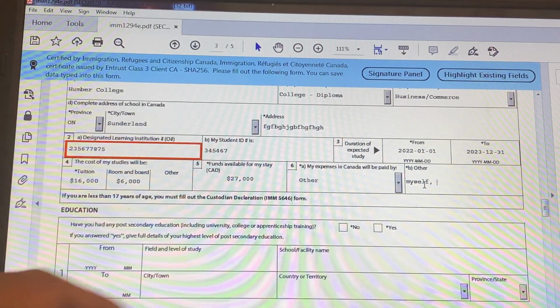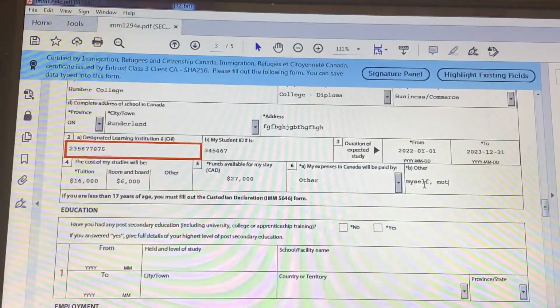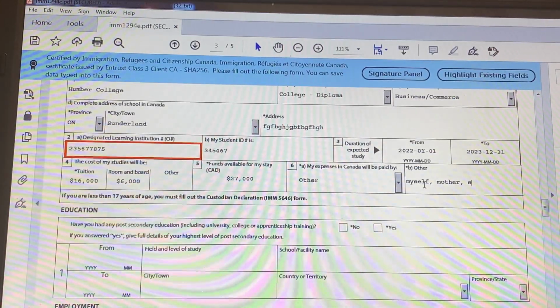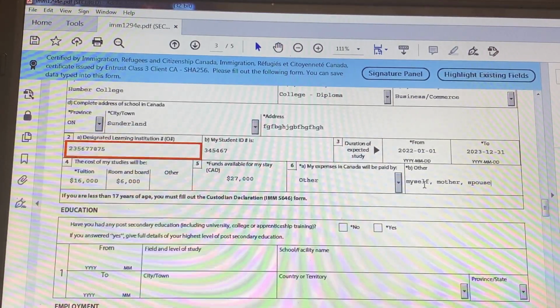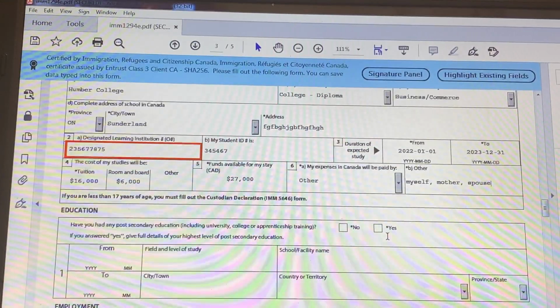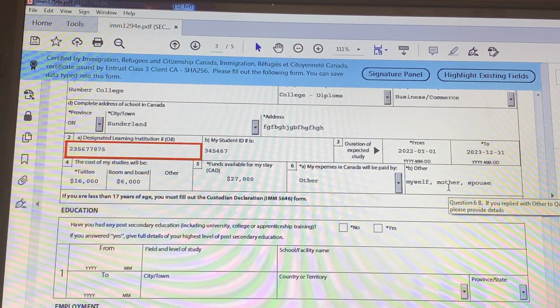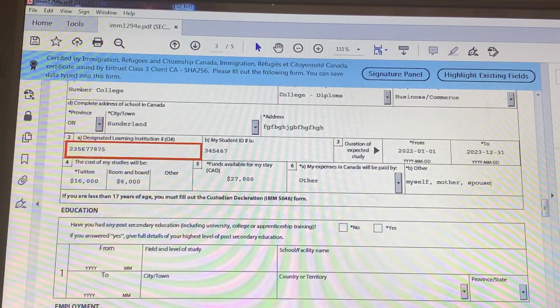Your sponsor is mother and spouse. That is what that would look like, right? Because you use the total amount right here, you have to put everybody who will be sponsoring you right here as well. That's very important, guys.